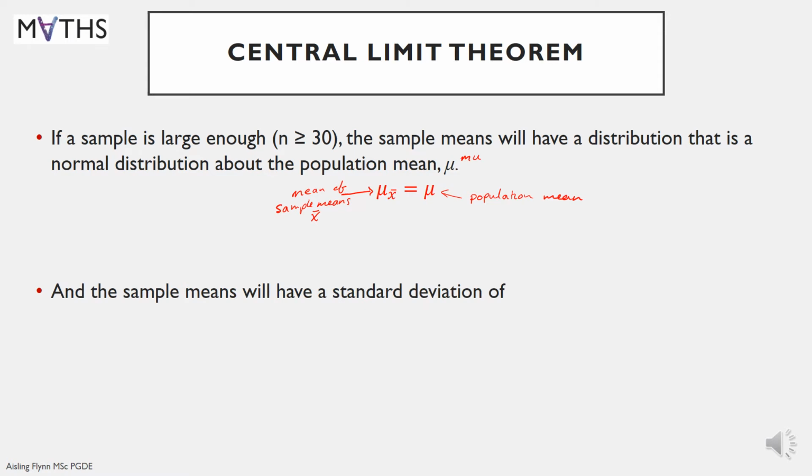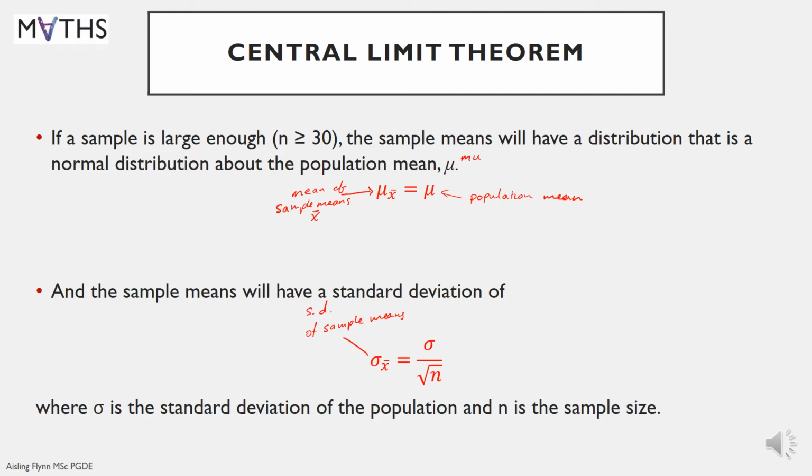Okay, and the sample means will have a standard deviation, so again, similar notation, the standard deviation of sample means, is given by sigma x bar equals sigma, which is the standard deviation of the population, divided by the square root of n, where n is the sample size.